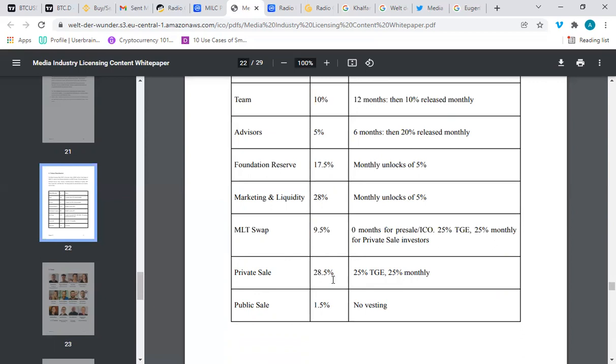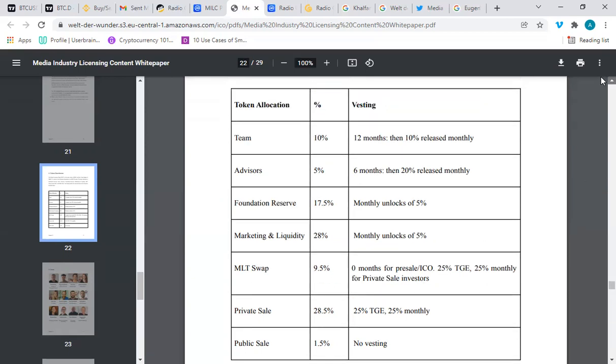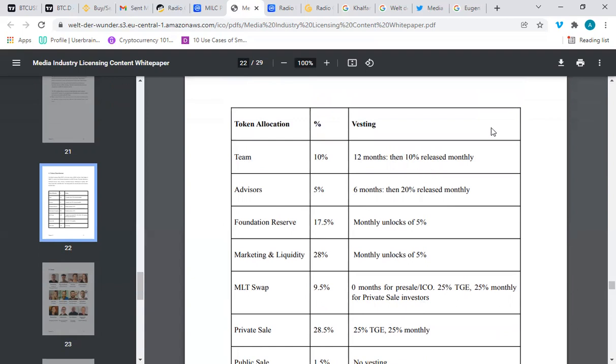And one thing about private sale is that they don't release all the private sale tokens at once, because they have to unlock it monthly. Now see something. See this vesting, it means the 10% is locked for 10 or 12 months. Then out of that 10%, they will now be releasing them.